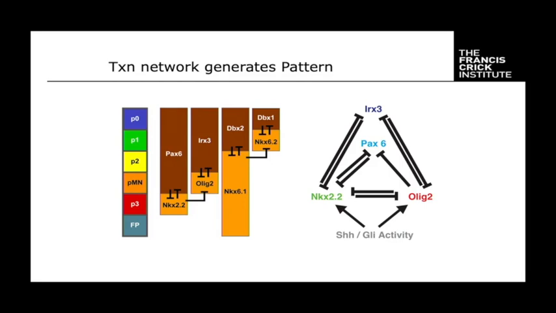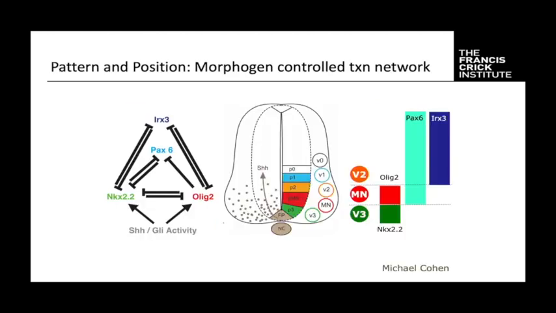I want to focus on a circuit composed of 4 transcription factors, 3 of which you've already seen: PAX6, NKX2.2, and OLIG2. I'm going to add a 4th one, IRX3. Two of these transcription factors depend on hedgehog signaling for their expression. And the regulatory interactions you see cartooned here are generated from the type of experiments I just showed you, these knockout experiments or gain-of-function experiments.